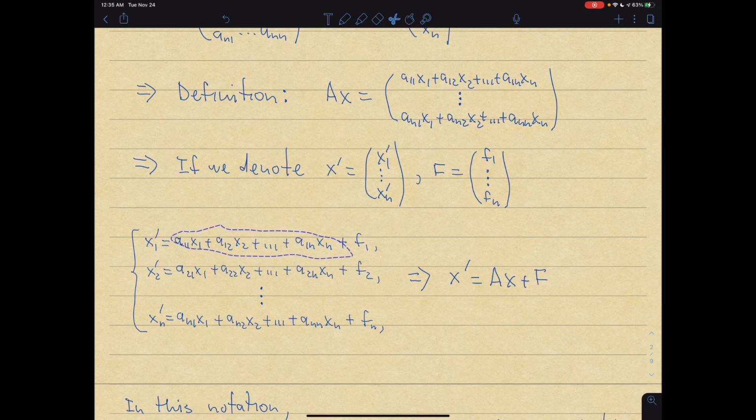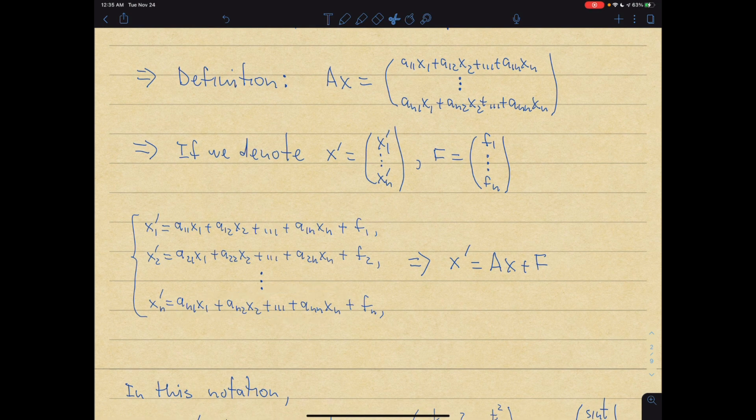So the first linear combination is a11x1, a12x2, ends with a1n xn, and that's exactly the same thing as what you see here. It will be the same for all equations. And so by using this matrix vector notation, matrix vector product in particular, I can write my equation in a matrix form or in a vector form, and it will look like this, right? So now it looks much simpler.